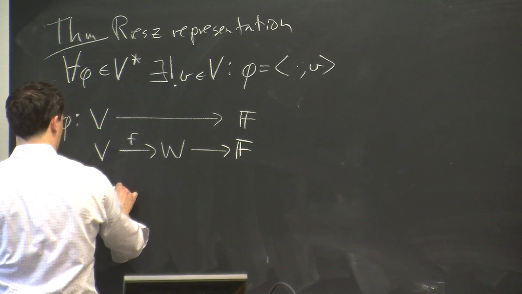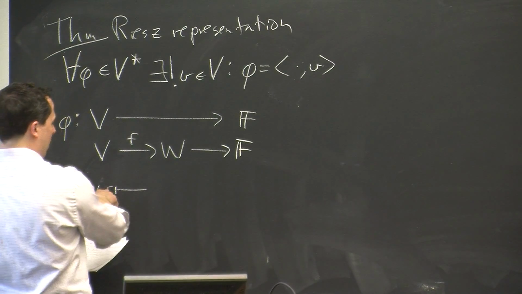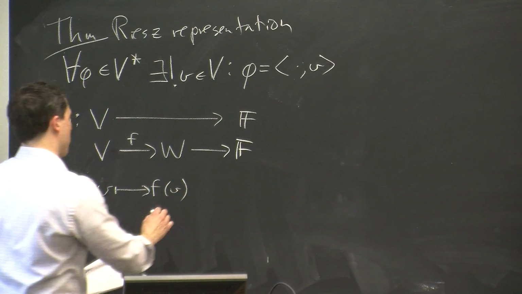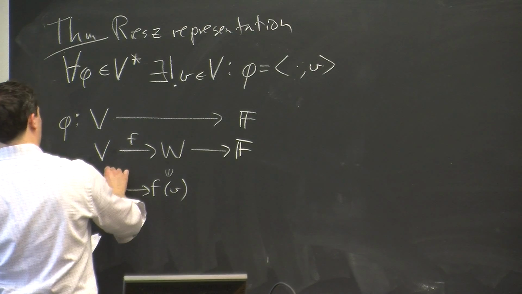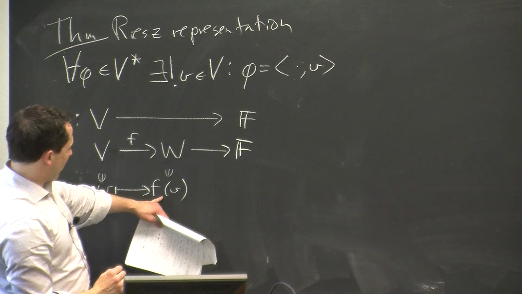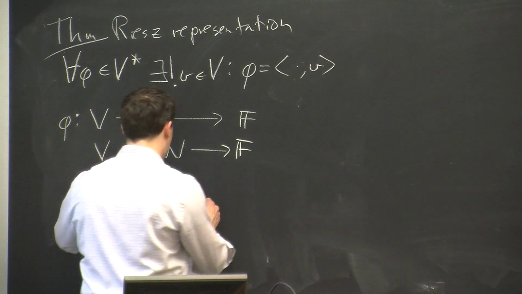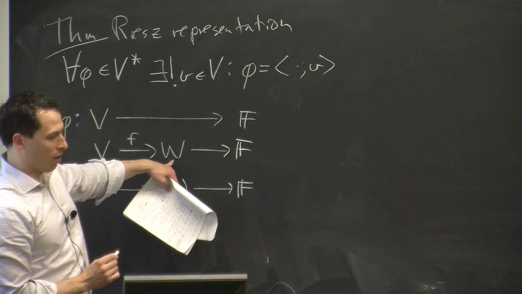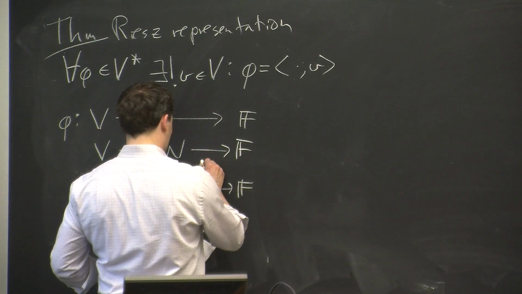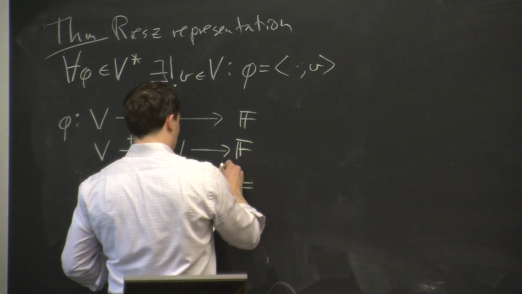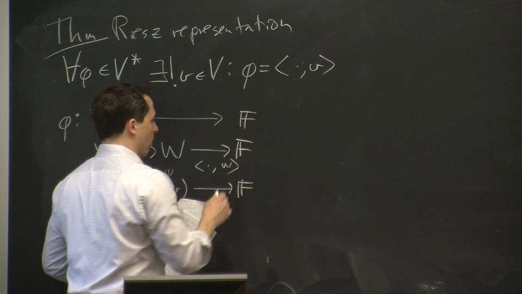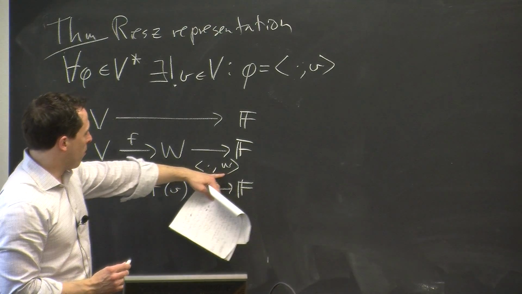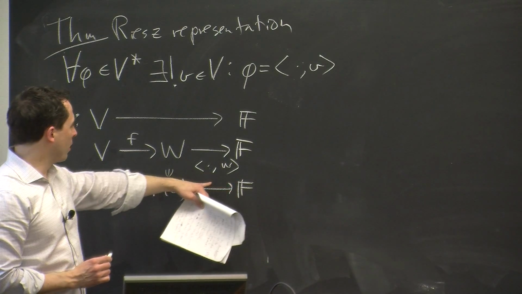So the function is going to take v and send it to F of v, which is of course contained in W. And it's going to take F of v and send it down to the field. So I need to define an element of W star. And the element that I want to use is inner product with w. So I pick a vector w in W, and then I form the function inner product with w. That's a perfectly good linear function.